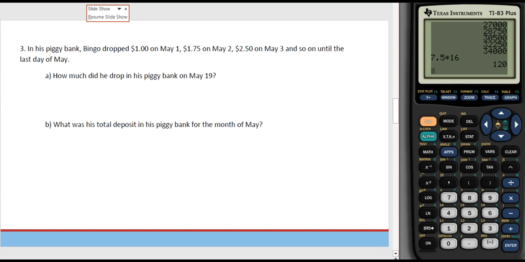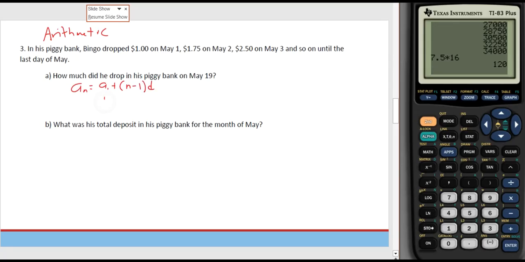We have part A. They want to know how much he is going to put in his piggy bank on May 19th. So this is again an arithmetic sequence because we're adding, so we're going to use those arithmetic formulas. This is going to be an equals a1 plus n minus 1 times the common difference.